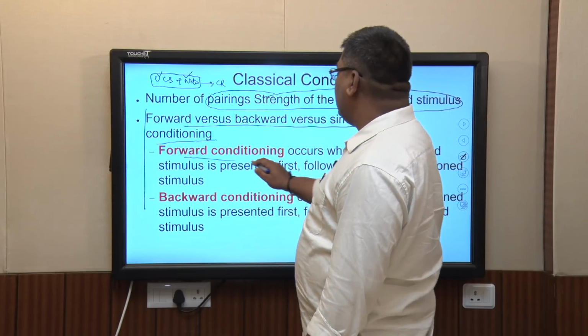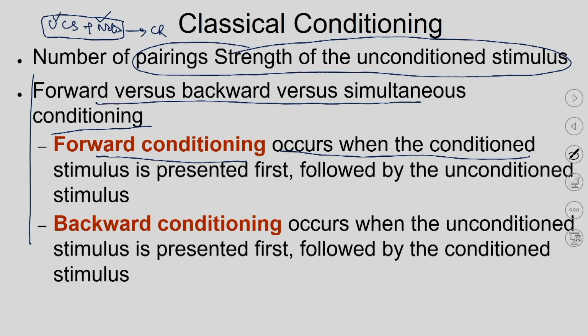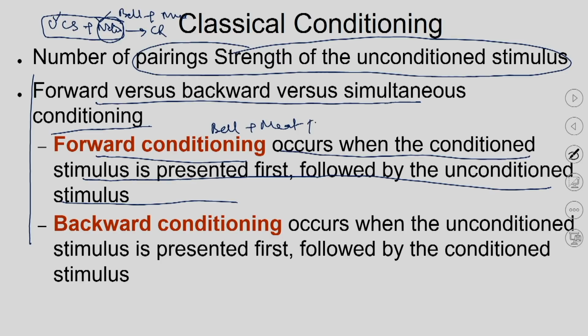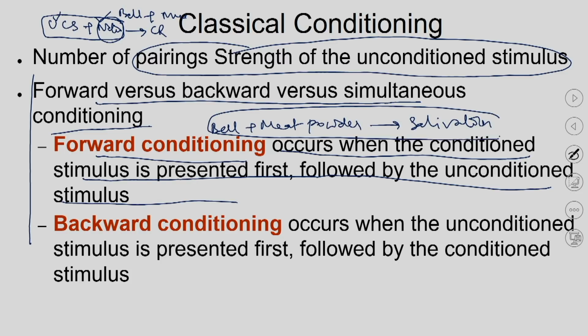So, what is forward conditioning? Forward conditioning occurs when the conditioned stimulus is presented first, followed by the unconditioned stimulus. If I have my bell presented before the meat powder, bell plus meat powder leads to salivation. This is called forward conditioning.